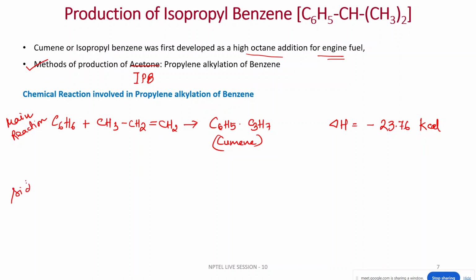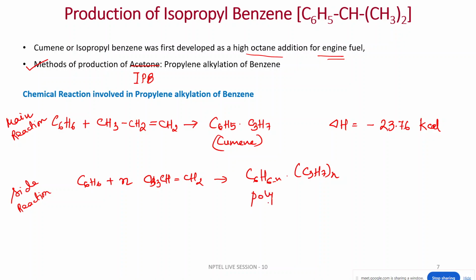Also, as a side reaction, we will get benzene plus n number of propylene, and it forms polyisopropyl benzene.